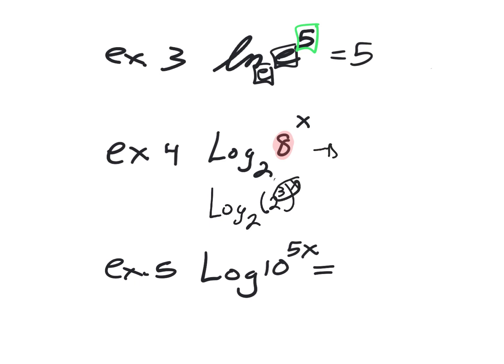So that could be rewritten as log base 2 of 2 to the 3x. Now that the bases are the same, the answer is just going to be 3x. If you can get the bases to be the same, then it would just equal 3x.